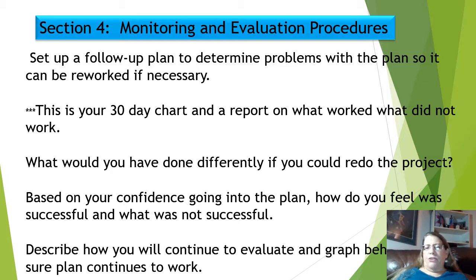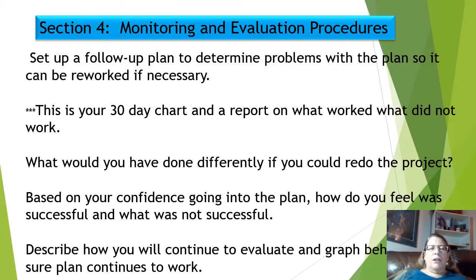Then you can try your 30-day chart in which they're working on it on their own, and try to then sit down with them and evaluate what were the problems during the 30 days that caused things to happen. Even people getting sick, mom getting sick with the flu, is going to interfere with a plan to help a child get potty trained.